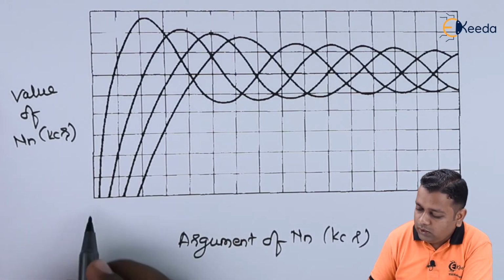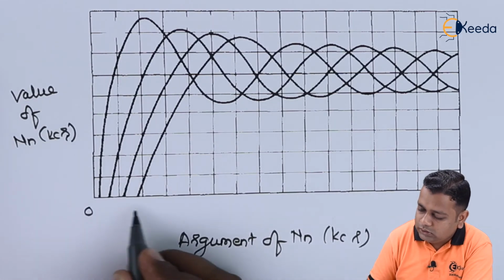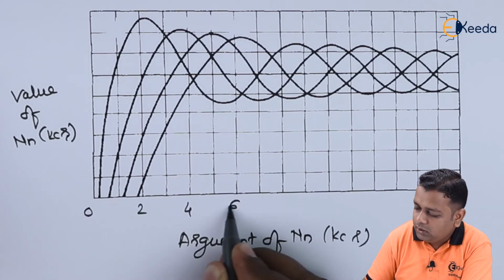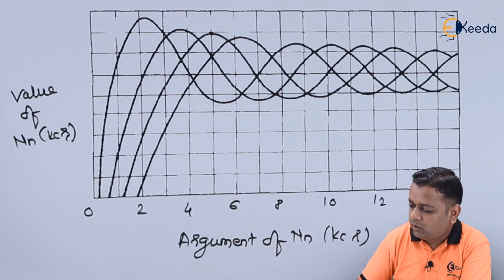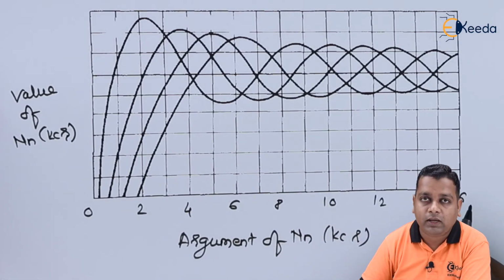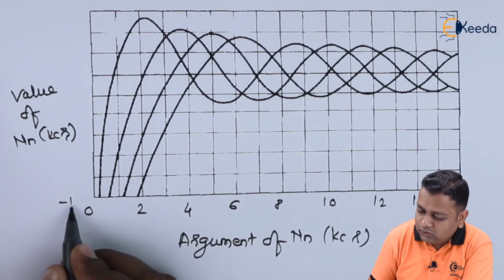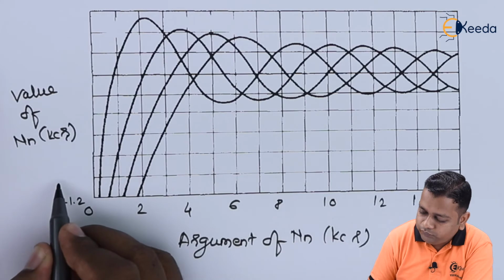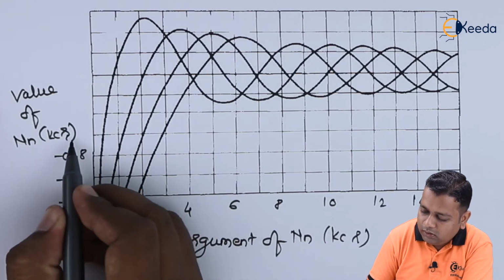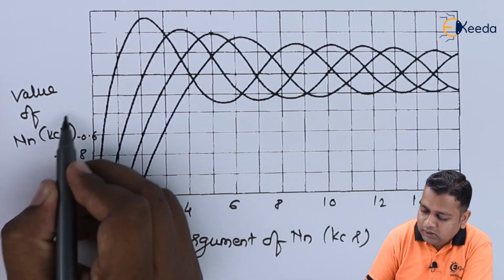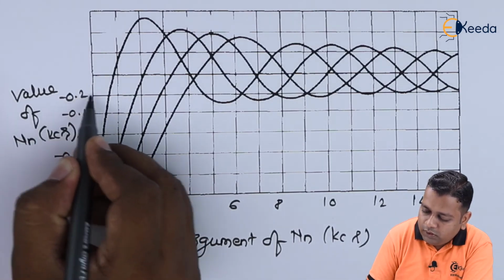So here we have the horizontal readings corresponding to 0, 2, 4, 6, 8, 10, 12, 14 and 16, whereas onto the vertical axis we have the negative values minus 1.2, minus 1.0, minus 0.8, minus 0.6 here, minus 0.4, minus 0.2.